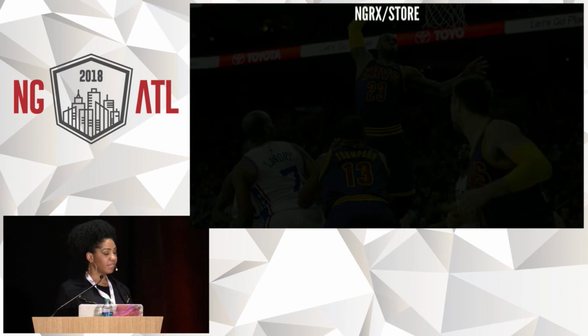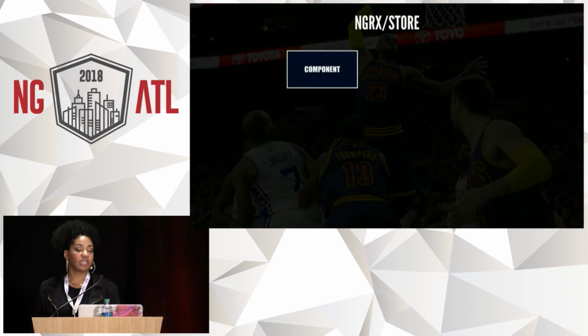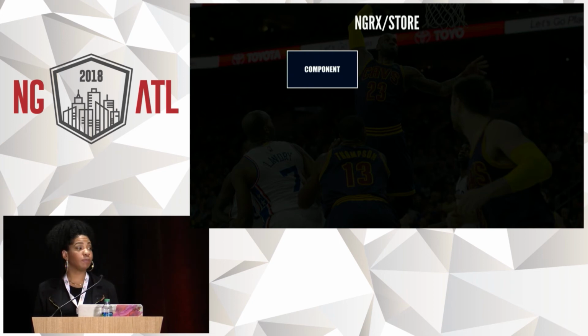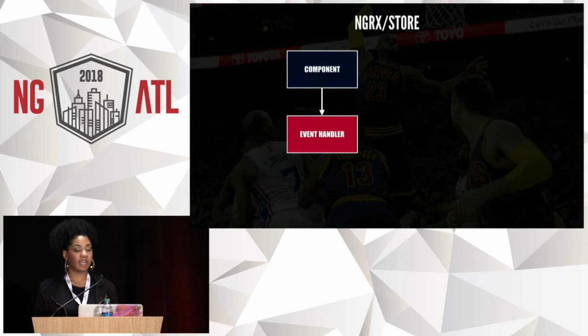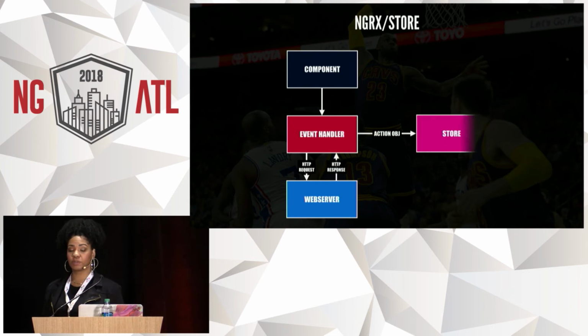So if I had to break it down, in our component's constructor, we inject the service and subscribe to an application state within the store. Now it is able to observe and react to changes over time using the store select method. The injected service has an event handler that retrieves data from a third-party API and dispatches an action to the store.